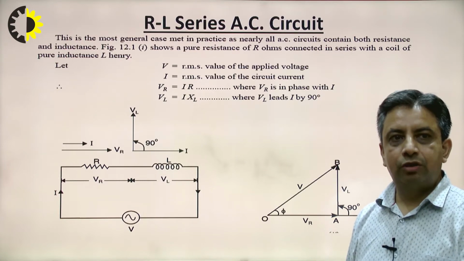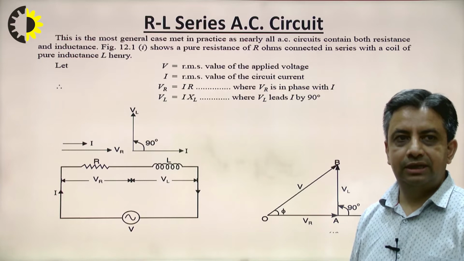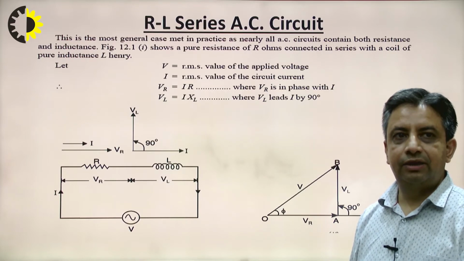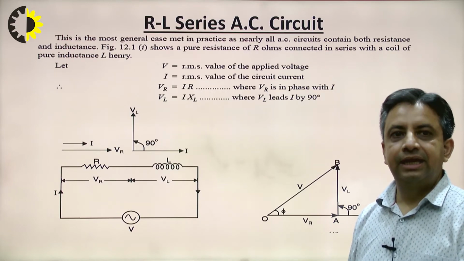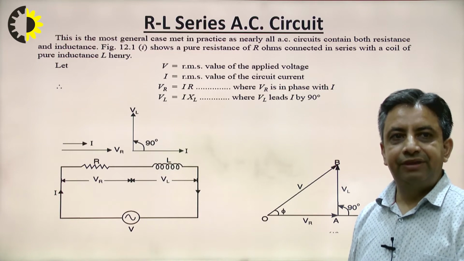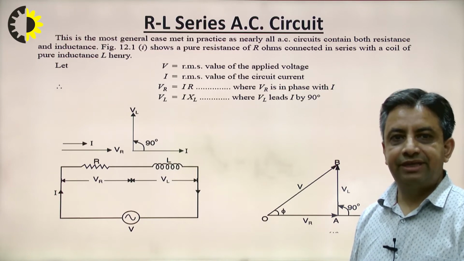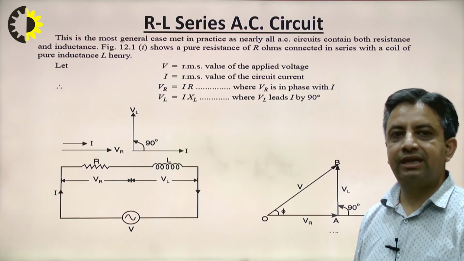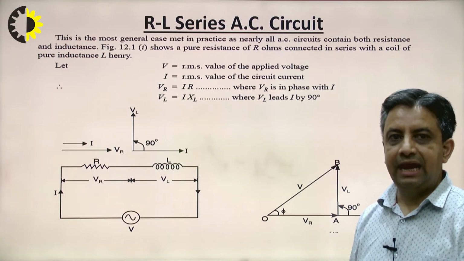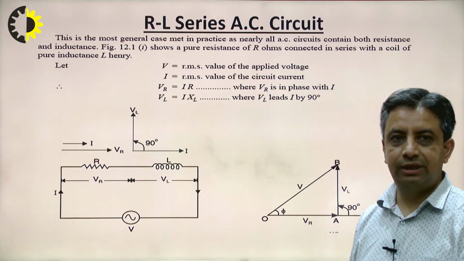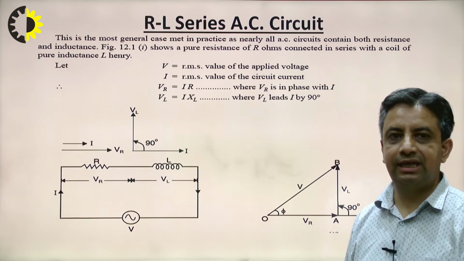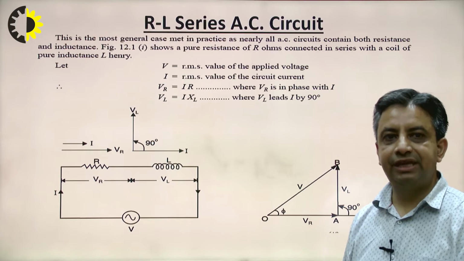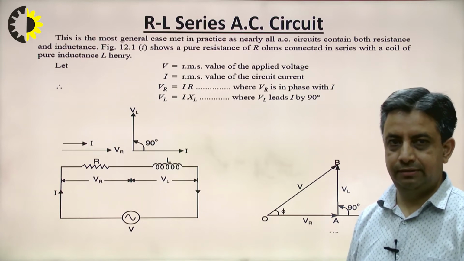Now, if we draw the phasor diagram of this RL series circuit, we can see that VR is in phase with the current. As this is a series circuit, we have taken current as reference, and we know that in a purely resistive circuit, voltage and current are in the same phase. That's why VR is in phase with the current.